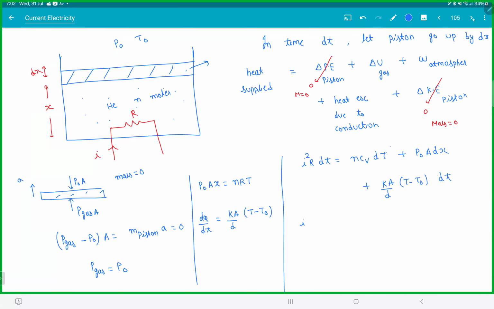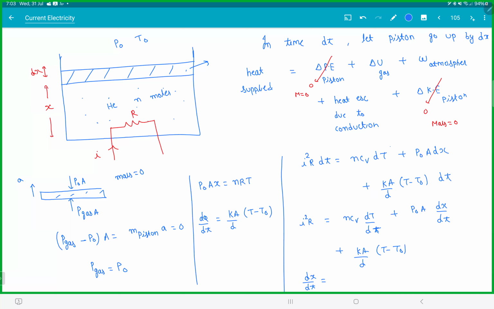Divided by dt, you get I square R is equal to nCv dT by dt, and that is P naught A dx by dt, and this guy would be plus KA by d (T minus T naught). You know everything here. You can find dT by dt from here. Substitute. You'll get dx by dt from here, which is the speed.